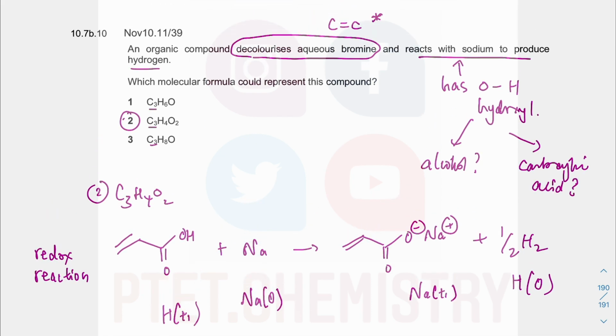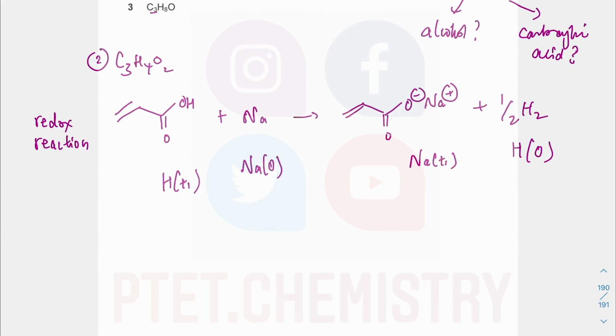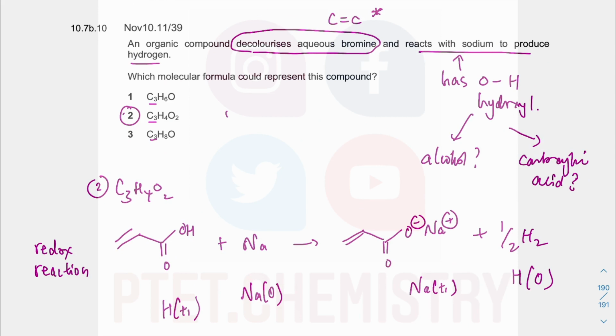Alright. Now I gotta check number 1. Number 1 has got only 1 oxygen, so I can be thinking about alcohol, something like this. But instead of the carboxylic acid, I have alcohol. Maybe I can just draw it here.